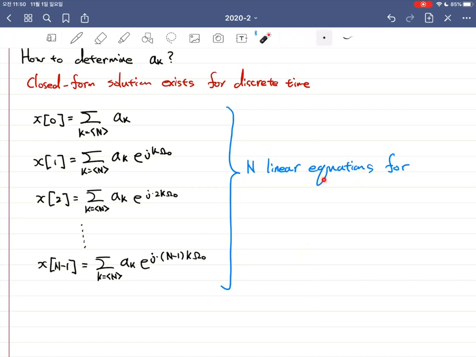So I have N linear equations for how many unknowns? Our unknown is a_k, and how many unknowns are there? If you start with 0, you have to end up at N minus 1. So you have N unknowns.